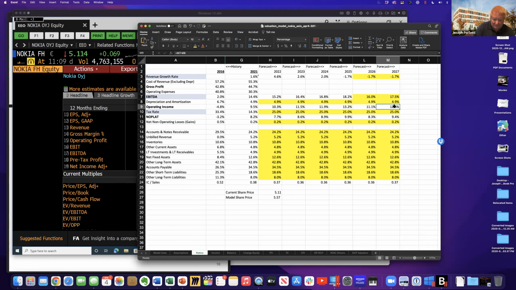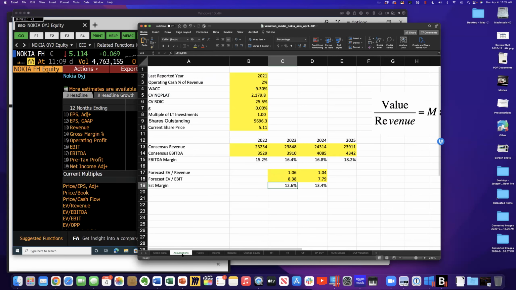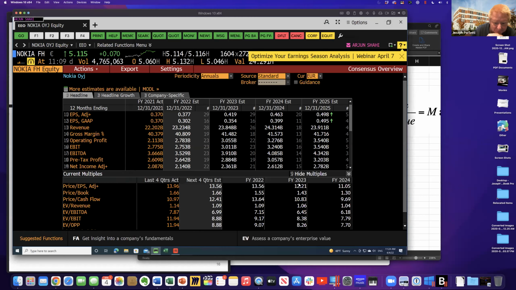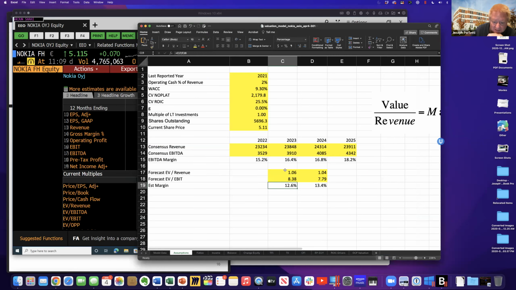Questions? I know there's a lot. Can you go back to the assumption screen just so I can see it real quick? Sure. Thank you. So those were the two forward trading multiples over here, 23 and 24, forward years. Based on those trading multiples, that's what the margin would have to be, just based on that equation over there.